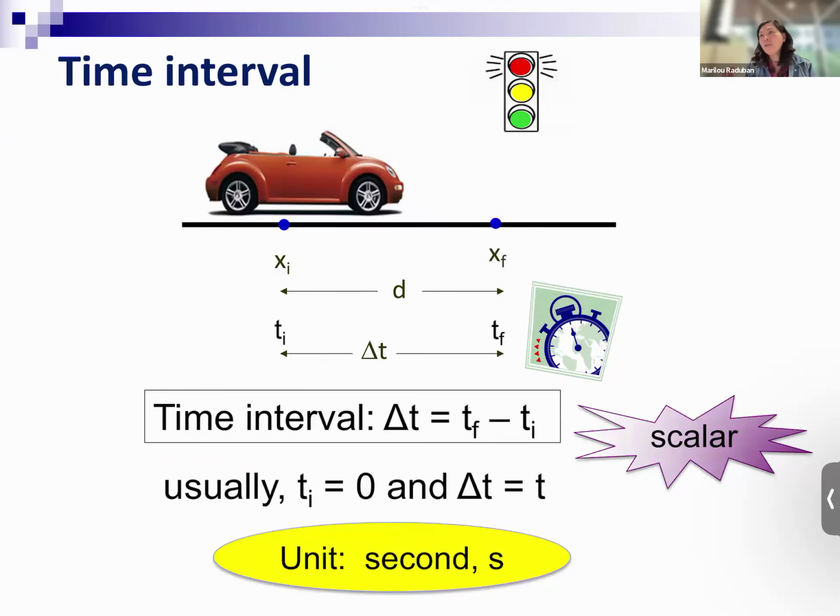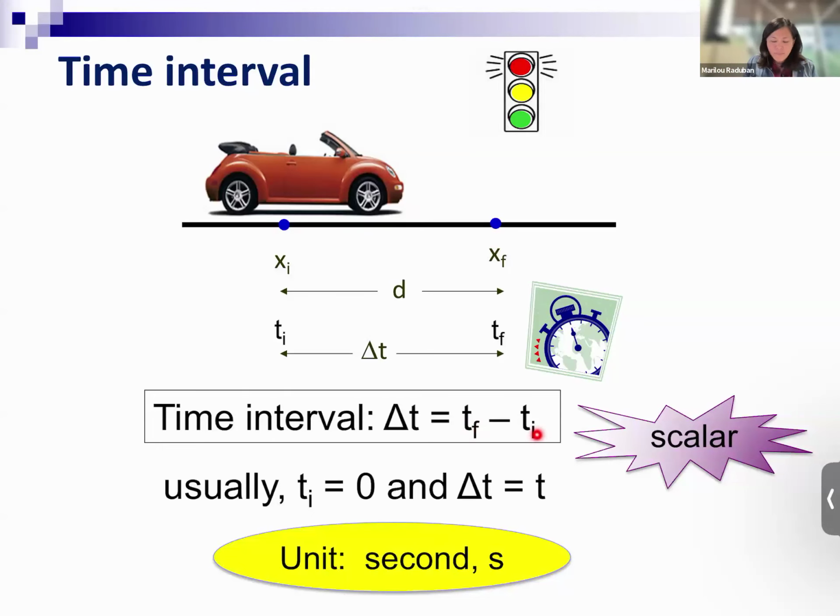Okay. When we calculate or determine the speed, we need to know some kind of time interval, or when we say time interval, it's essentially the time it took for the object to undergo its motion that we are considering.